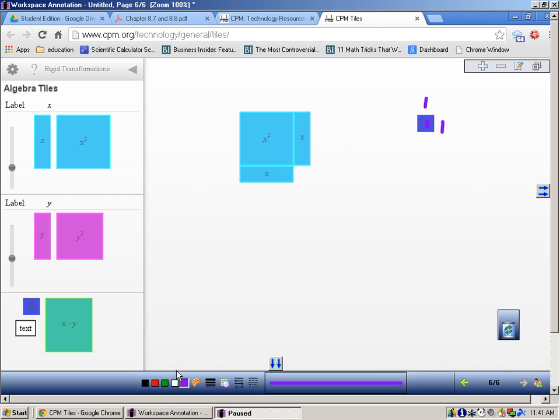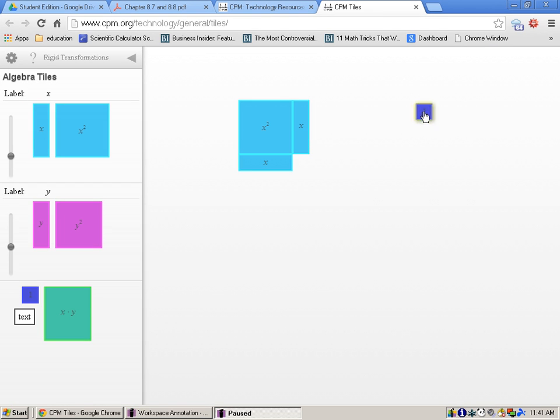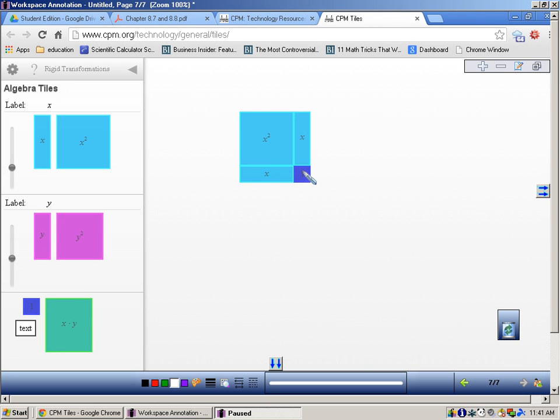I do see a number 1 here. And so what that means is that the area of that square piece is 1. Let's place that there. And there we go. That has an area of 1. And so this area model represents this quadratic. We've got x squared for our larger square.